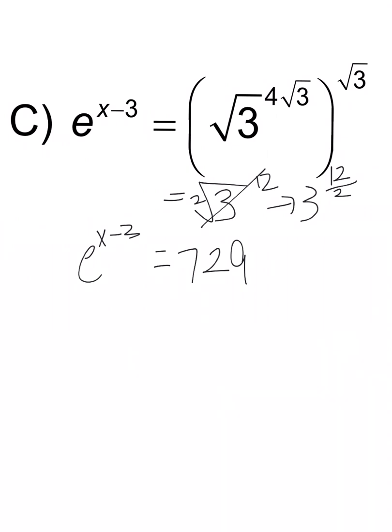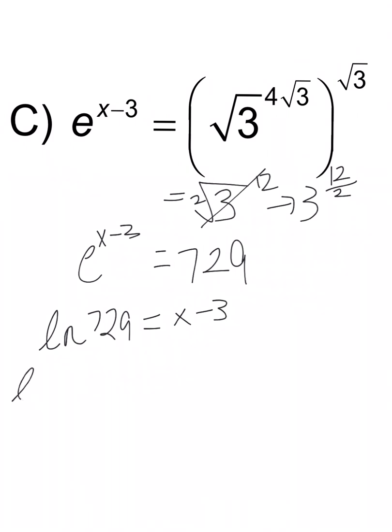Two ways you could look at this: either putting it into logarithm form, or you could think of it as natural logging both sides. If we put it into logarithm form, it's a log with a base of e, which we write as natural log. We put the value right here, which is now the argument of the logarithm, and then our exponent is x minus 3, and then we will add 3 to both sides.